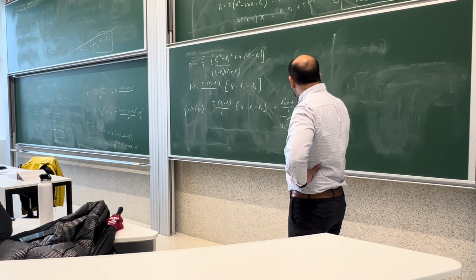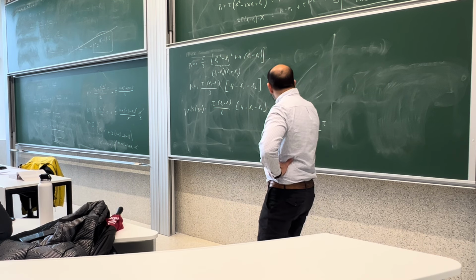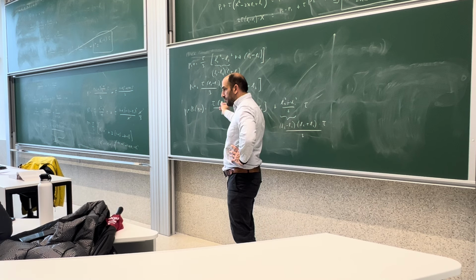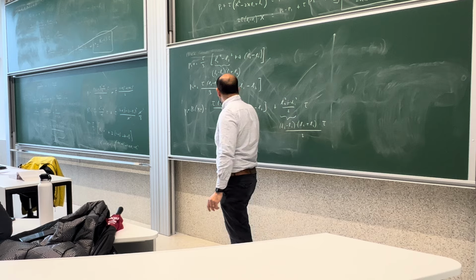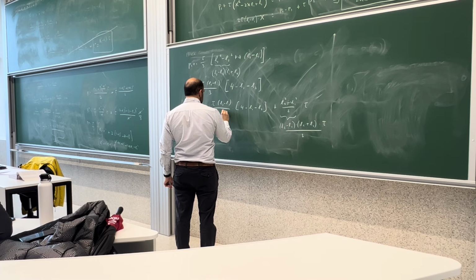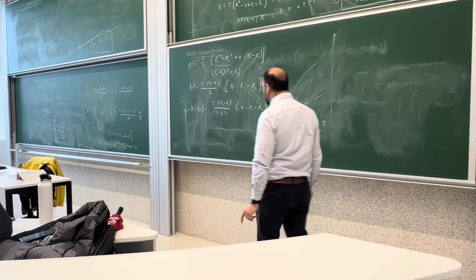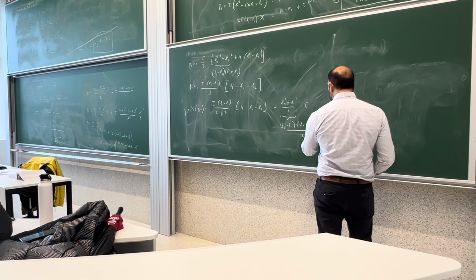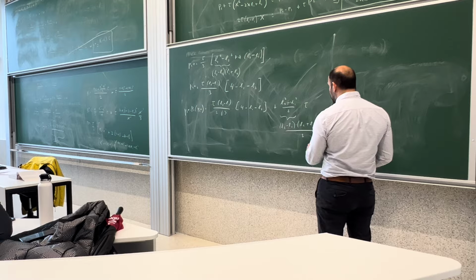Okay, so now we have tau over 2 times L2 minus L1. And here we have tau over 6, which is like tau over 2 times 3, right? So to convert it into a 6, we multiply this times 3.